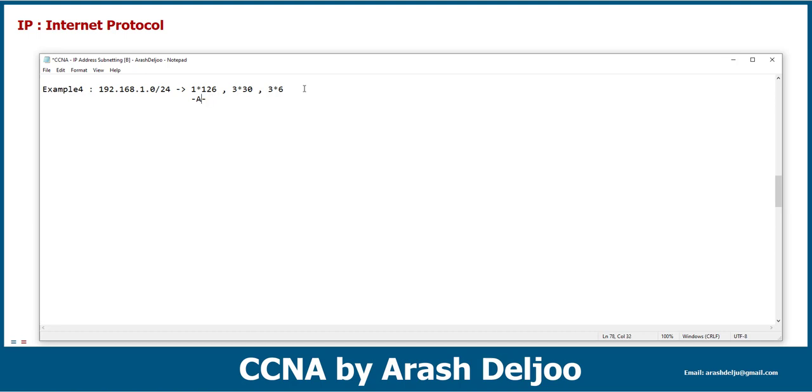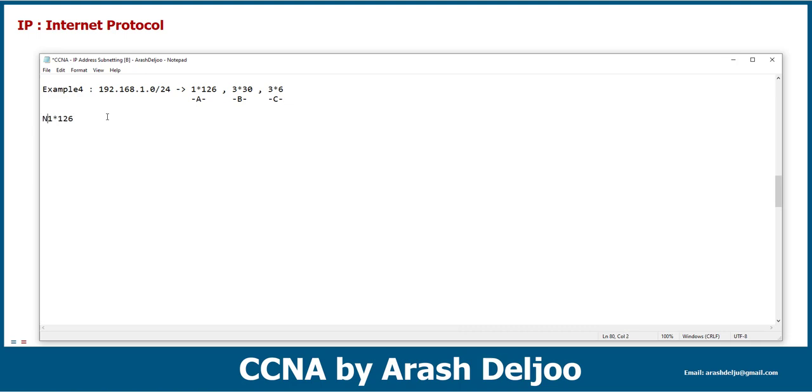After that, we can design the next network, 3 networks with the 30 IP address requirement, and the last part of our scenario, part C, is designing the 3 networks with in each network 6 IP addresses. Let me start with the first requirement, 1 network with 126 hosts.